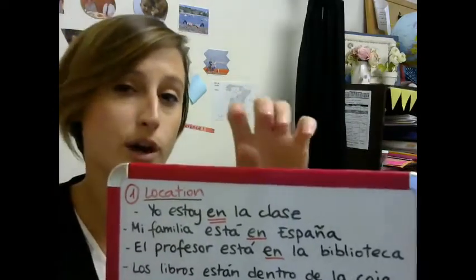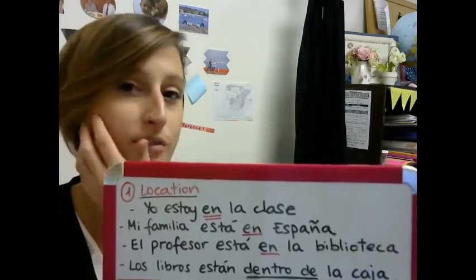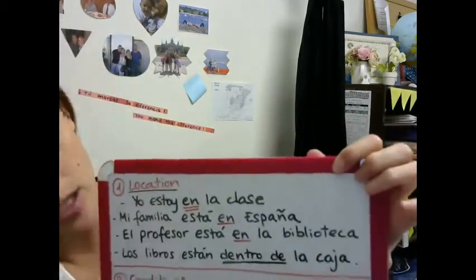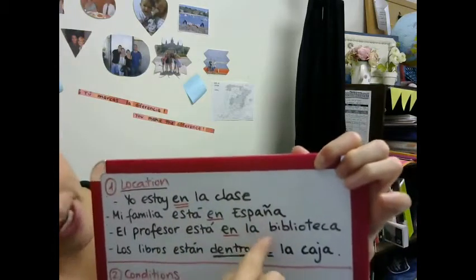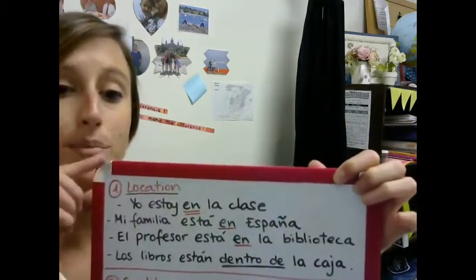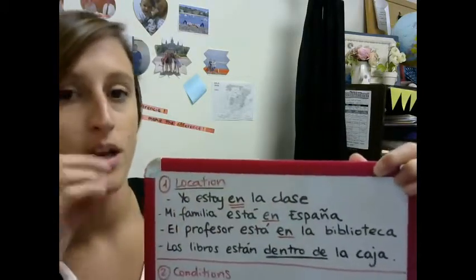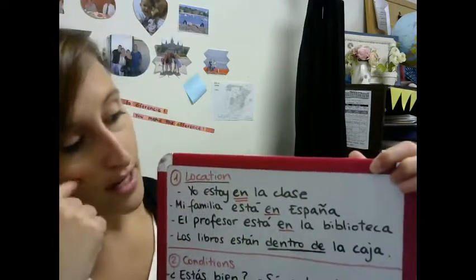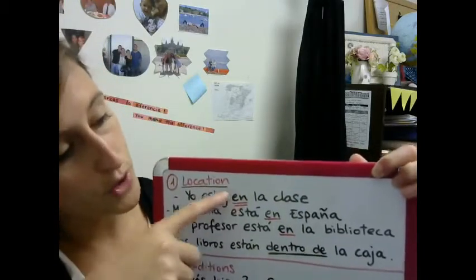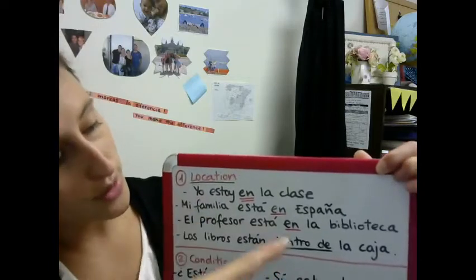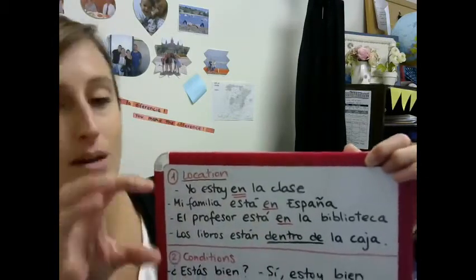So that's a keyword to identify if you have to use ser or estar. If you see en la clase, en España, en la biblioteca, it means you're mentioning a place where something or someone is located. So you're going to use estar when it's a location.